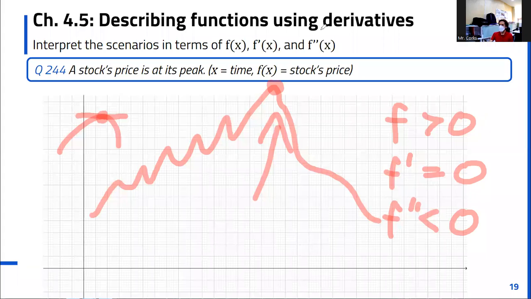Okay. Note that this question is a little different. The previous questions were about what's happening over a period. But here we're talking about an instantaneous moment, just at the very peak, what exactly is happening.